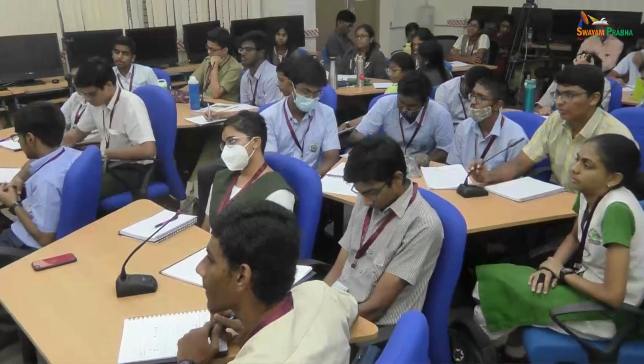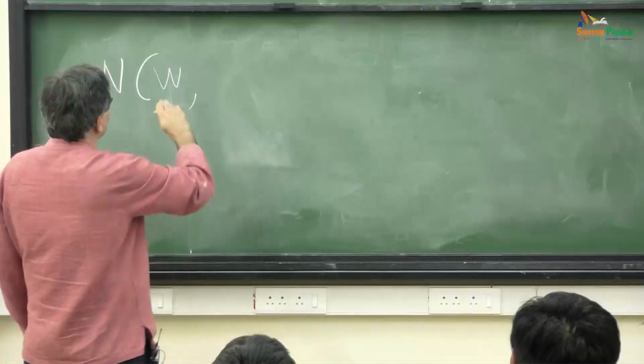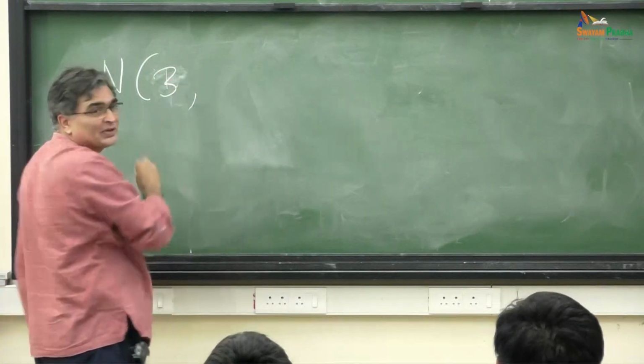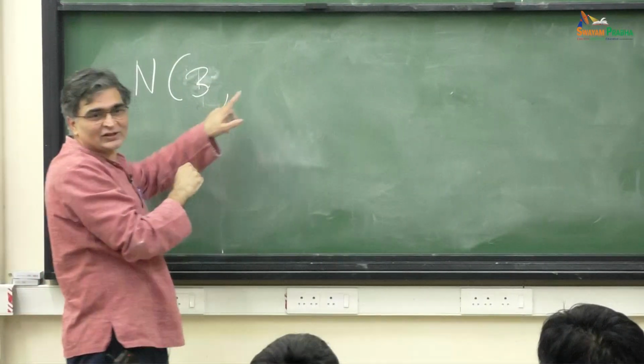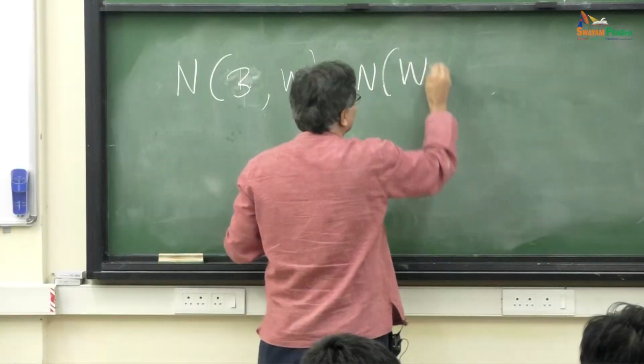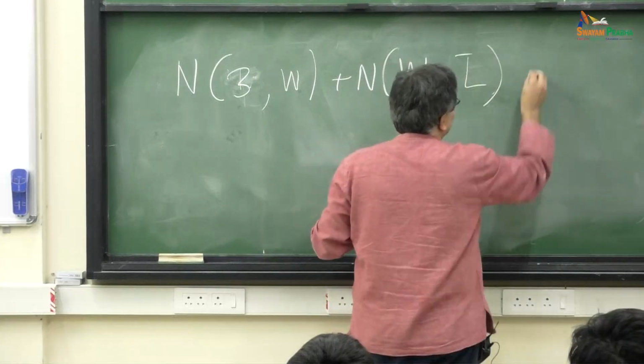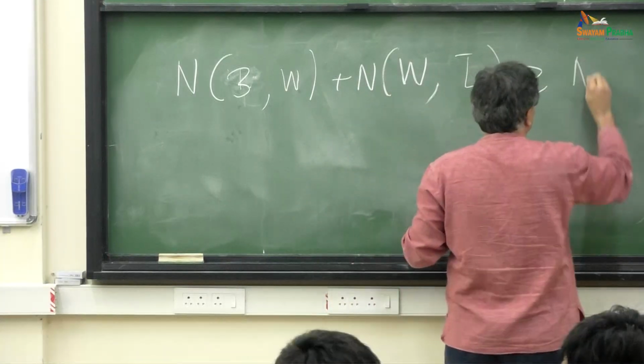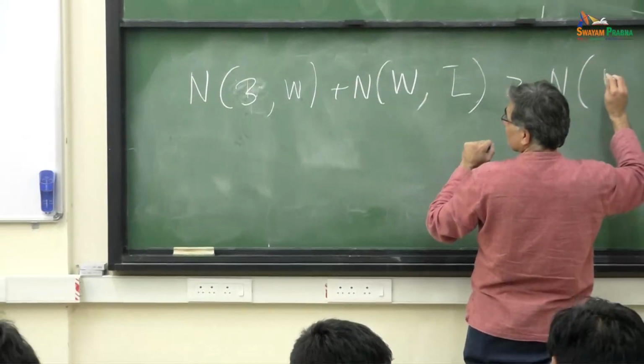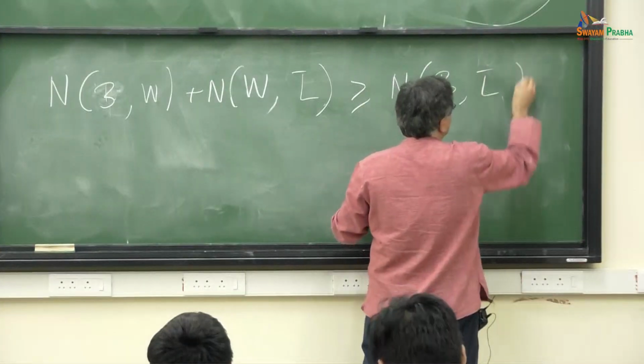So let's say T is color, so N of B, B bar, and the next was W, W bar, plus N of W, and what was the thing, L bar, L of B, L bar, yeah?